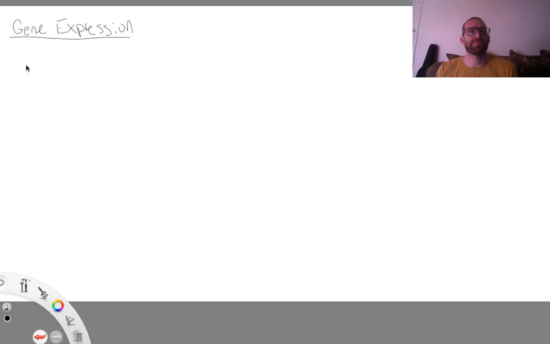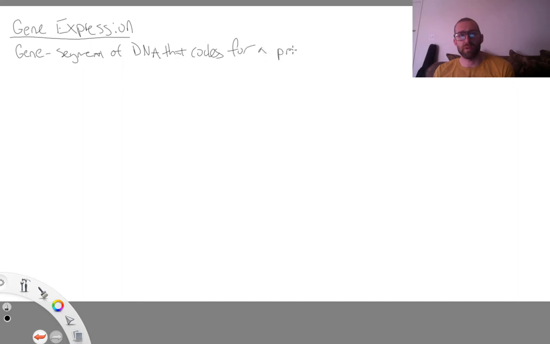Gene expression. So we need to know a couple terms, and we have a little background information. So your genes. A gene is a segment of DNA that codes for a protein.